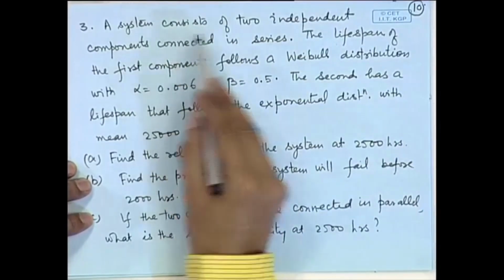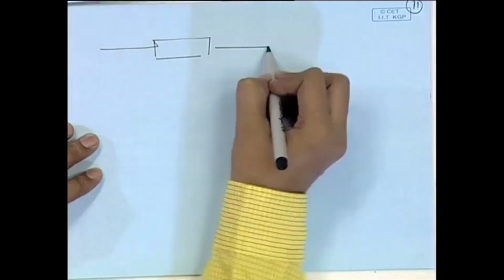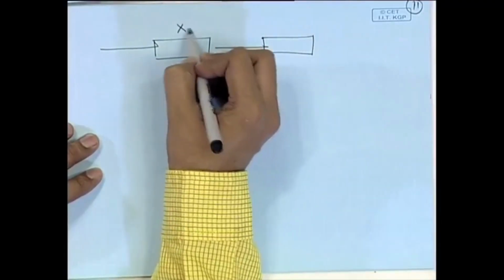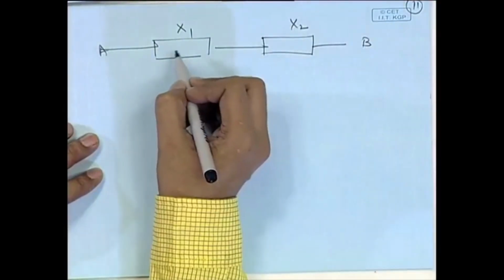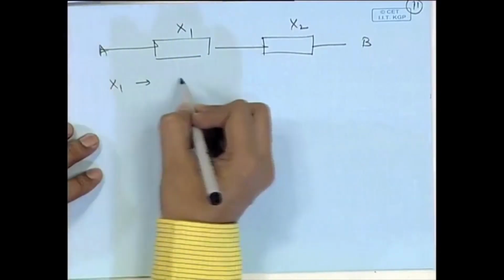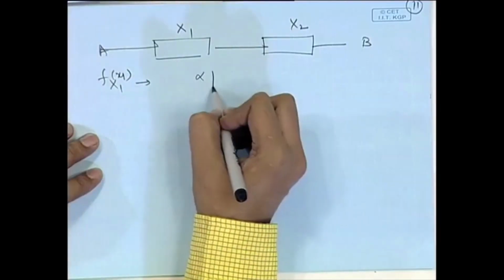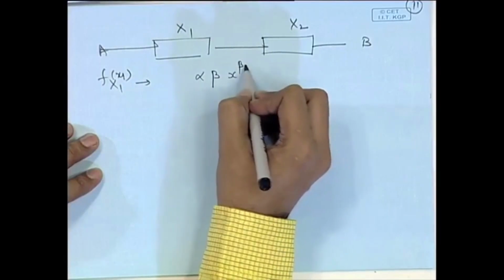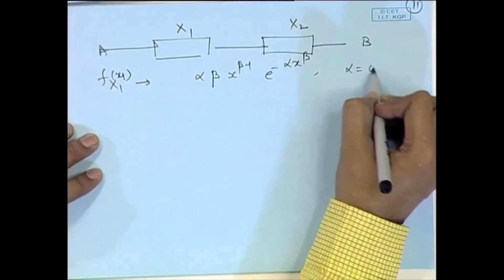So, here the two independent components are connected in series. Let us call this X1 and this X2. The first one, X1, has a Weibull distribution, so the density of X1 is alpha beta x to the power beta minus 1 e to the power minus alpha x to the power beta, where alpha and beta are given here.